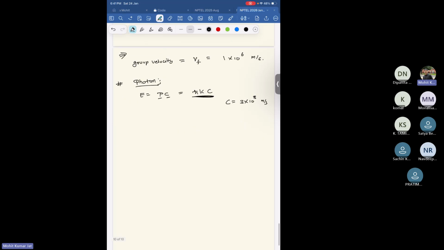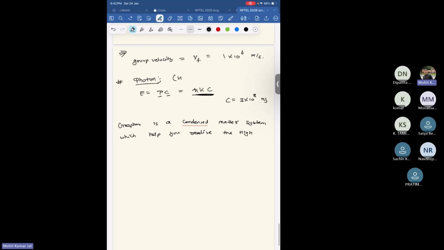So if you see, graphene is a condensed matter system which helps you realize high energy physics. This is a part of high energy physics, the photons, all those things.